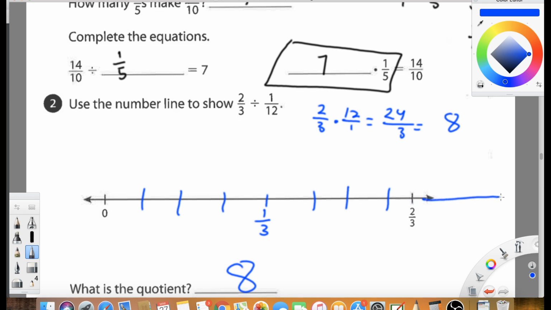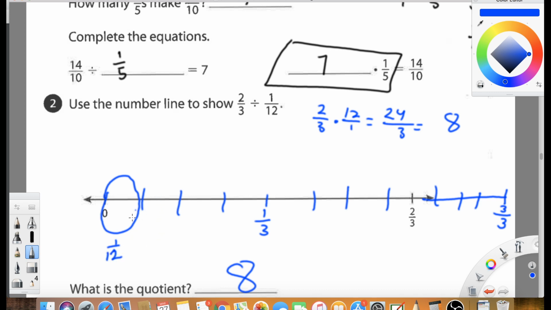whole thing is not one whole yet. If I make it one whole, which is 3 out of 3, I would have my 12 parts. So look what happens. 1, 2, 3, 4, 5, 6, 7, 8, 9, 10, 11, 12. There's my 12 parts. But I'm only separating it by 1/12.